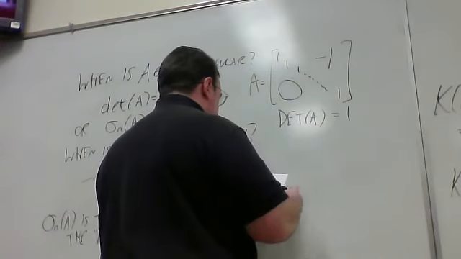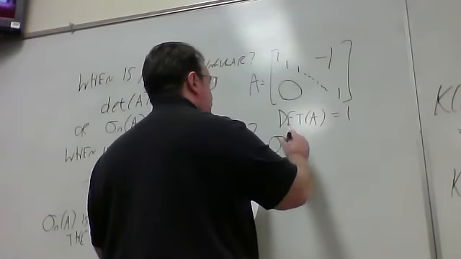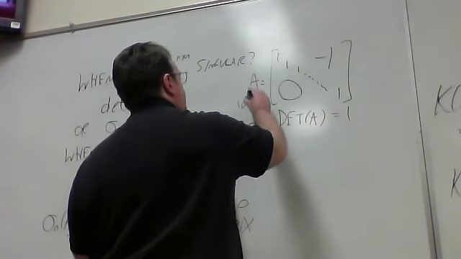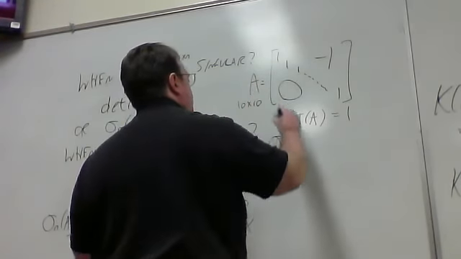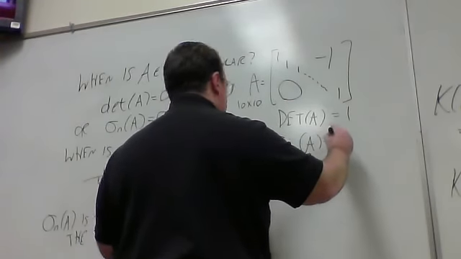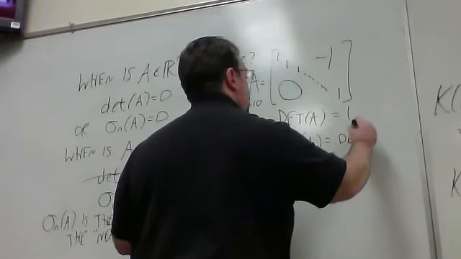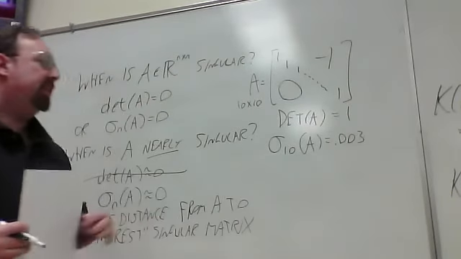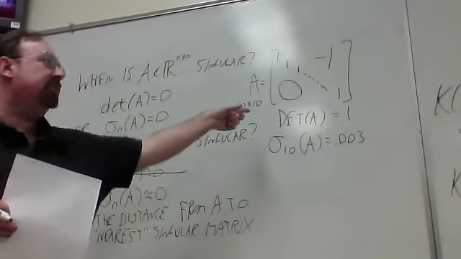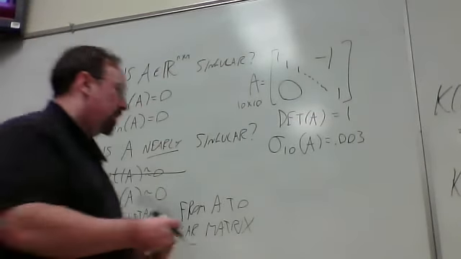However, in this example, I'll make this a 10 by 10 case. The smallest singular value, sigma 10, is roughly 0.003. So it's actually dangerously close to a singular matrix, even though the determinant is not negligibly small.